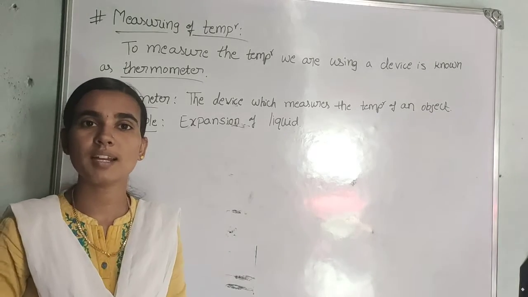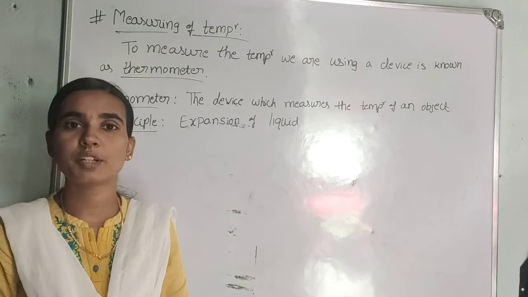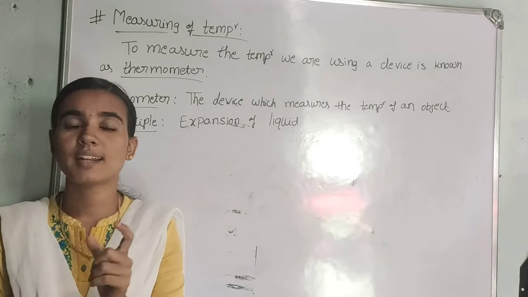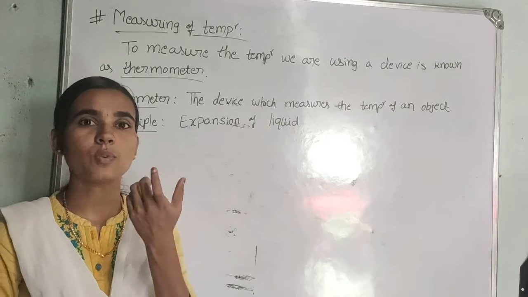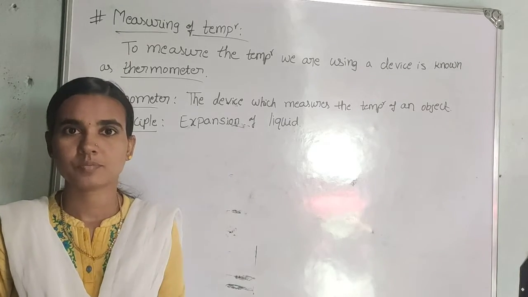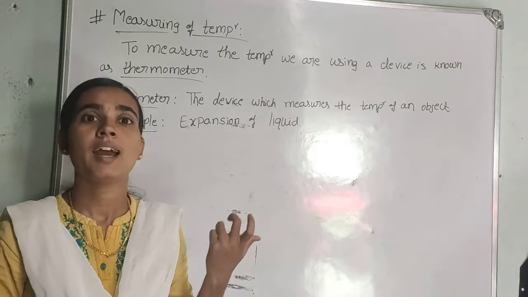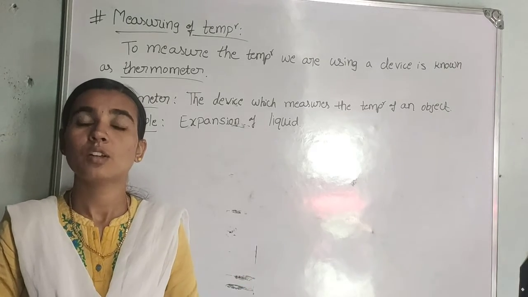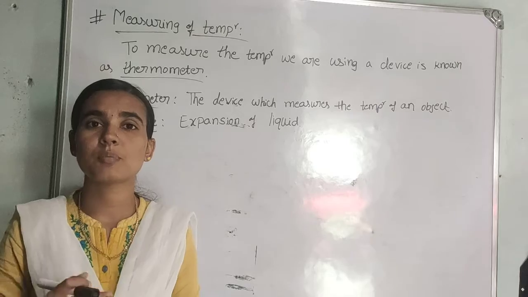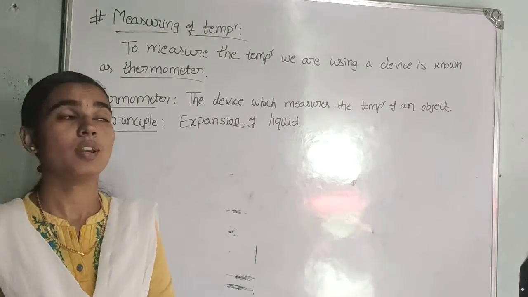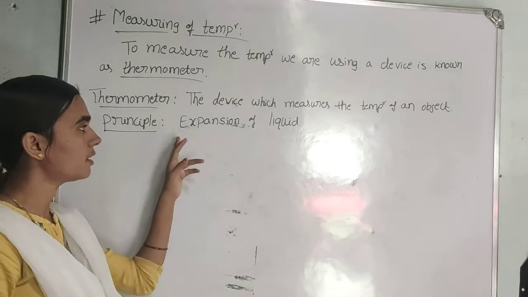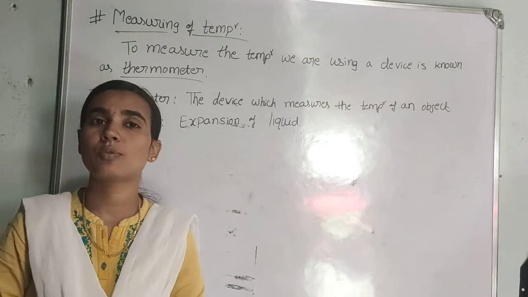That means by supplying the current, it is going to convert into heat. Iron boxes, ovens, coffee makers are all working under the principle of electric heat effect. Like that, our thermometer works under the principle of expansion of a liquid.